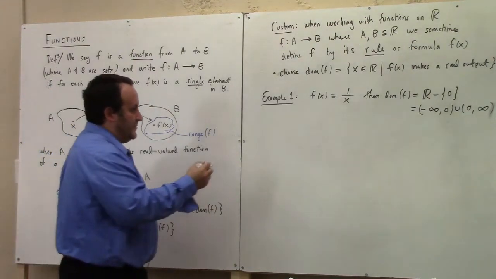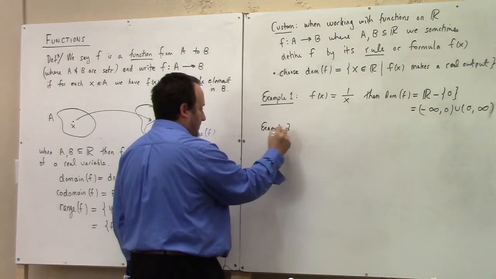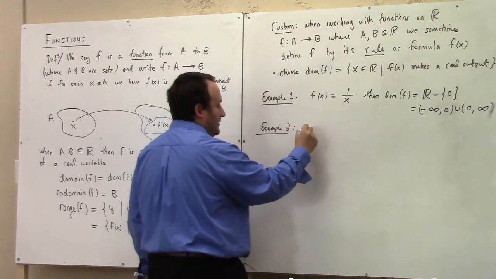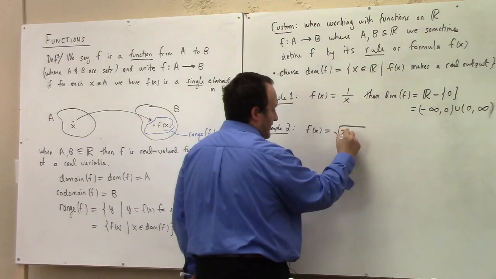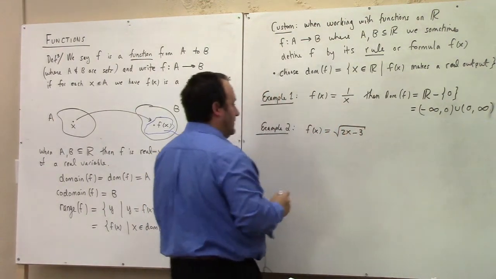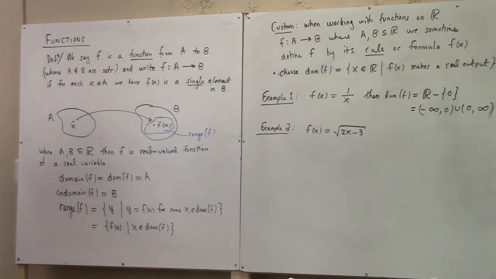Or another example, we could have f(x) equal to the square root of, say, 2x minus 3, right? So in this case, the danger for the formula not making sense as a real number is that the input to the square root is negative. If it's negative, we're in trouble.